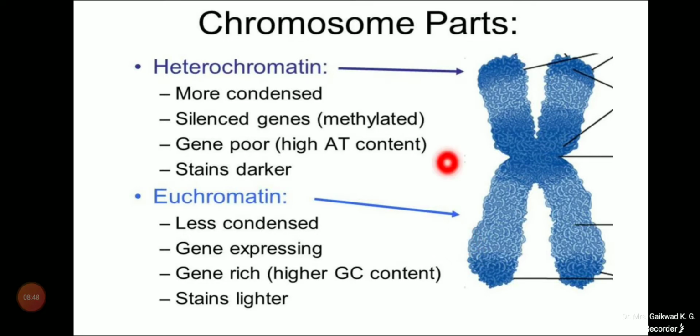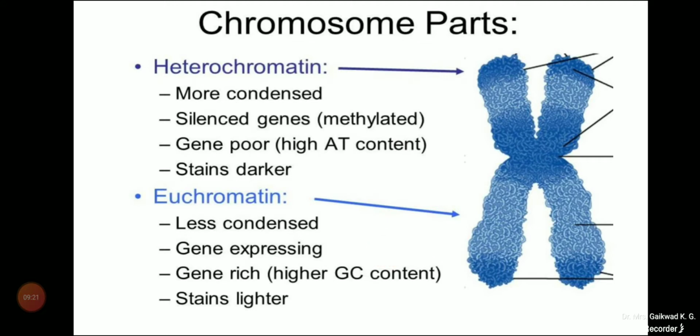On the other side, some regions contain more protein and less DNA and are genetically inert. That is called the heterochromatin. Euchromatin is genetically active, heterochromatin is genetically inactive, inert we can say. In heterochromatin less DNA is there, in euchromatin more DNA is present.